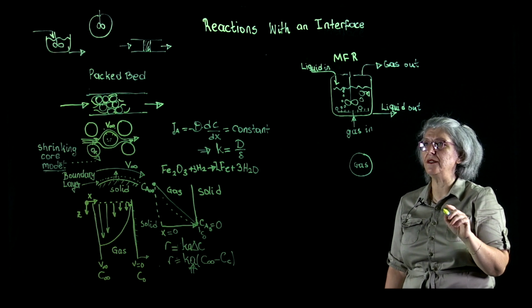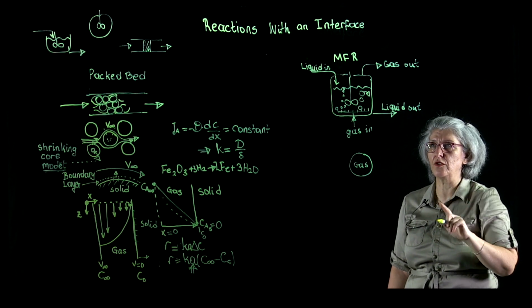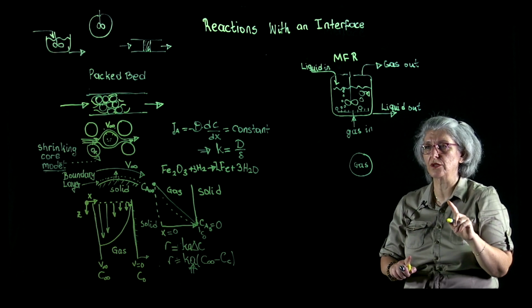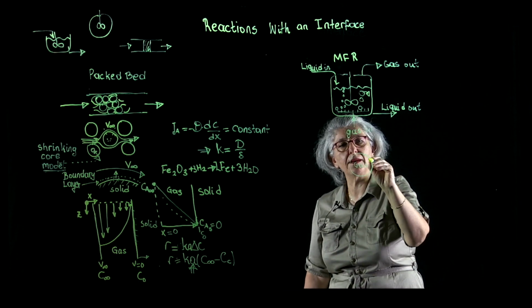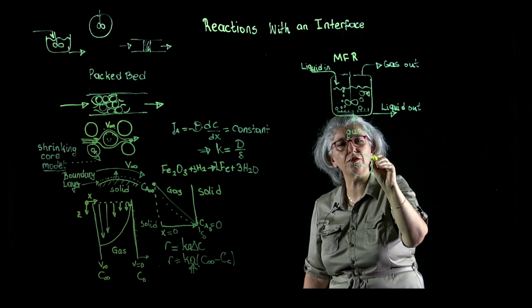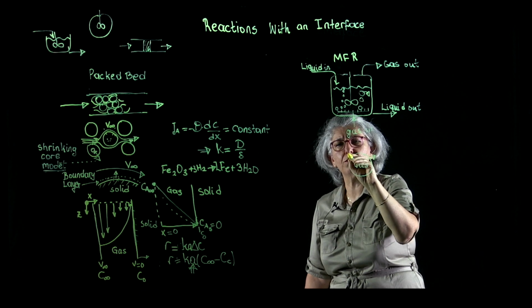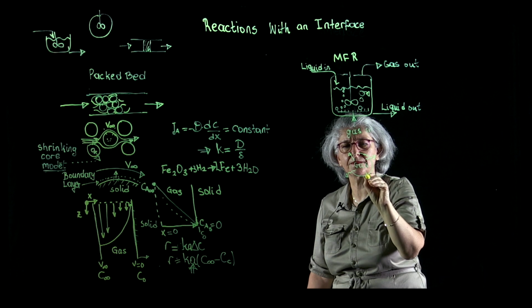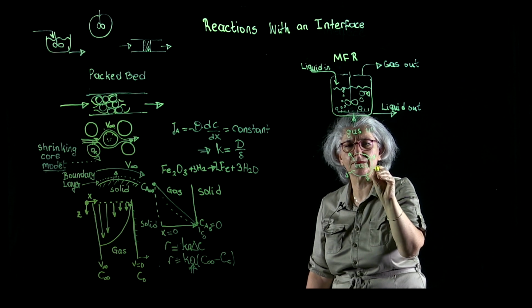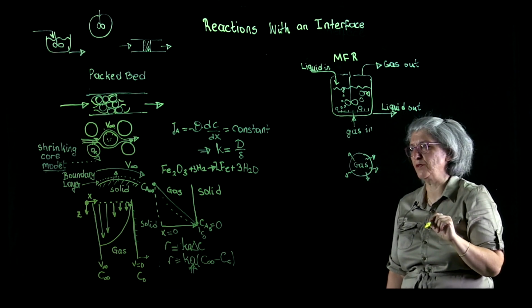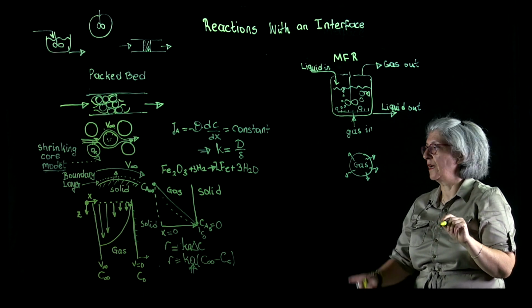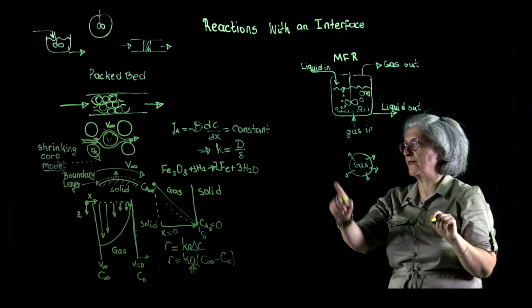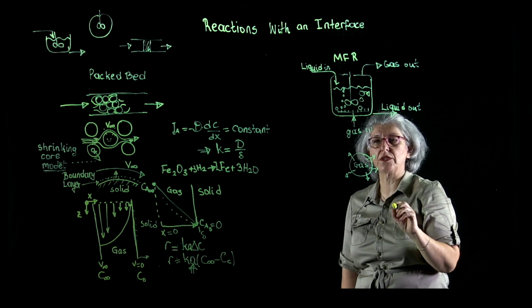But now I don't have any forced flows of liquid in and out, but my molecules diffuse through the boundary. How do they diffuse? By the same mechanism as we have discussed a moment ago.